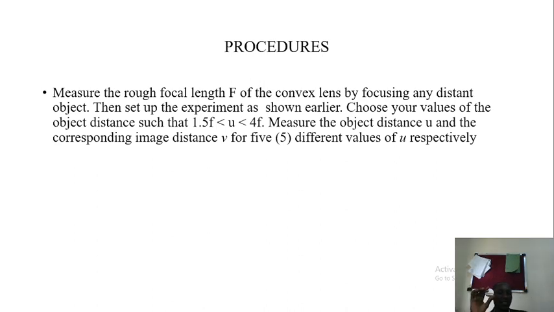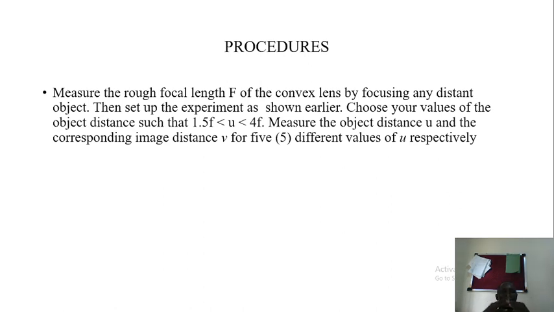Assuming, for instance, our rough focal length is 10 cm. If you put 10 cm in this relation, 1.5f < u < 4f, you will realize that you have 15 < u < 40.